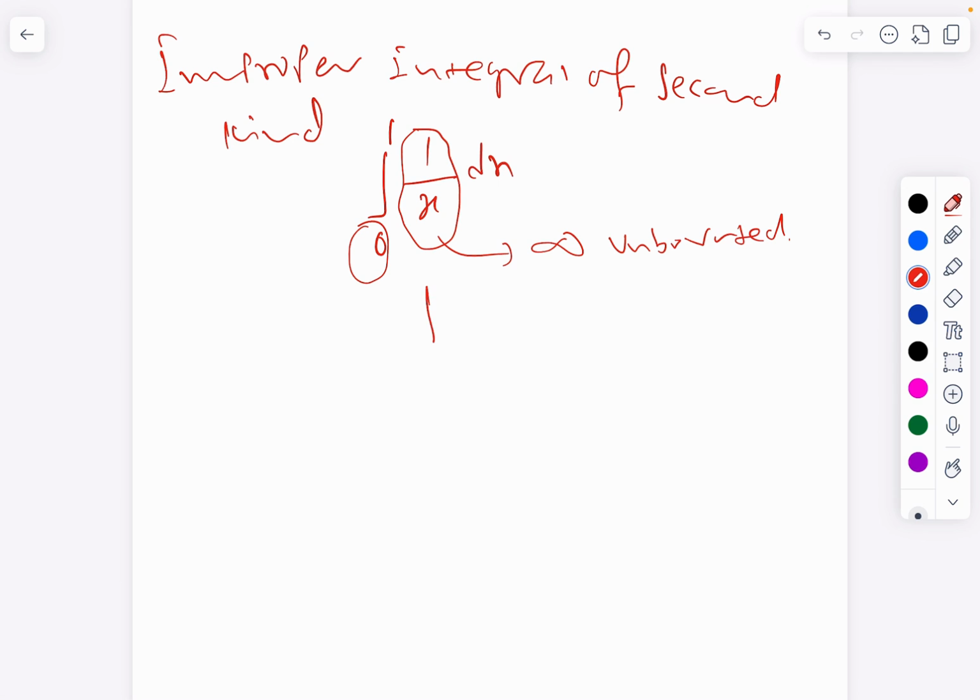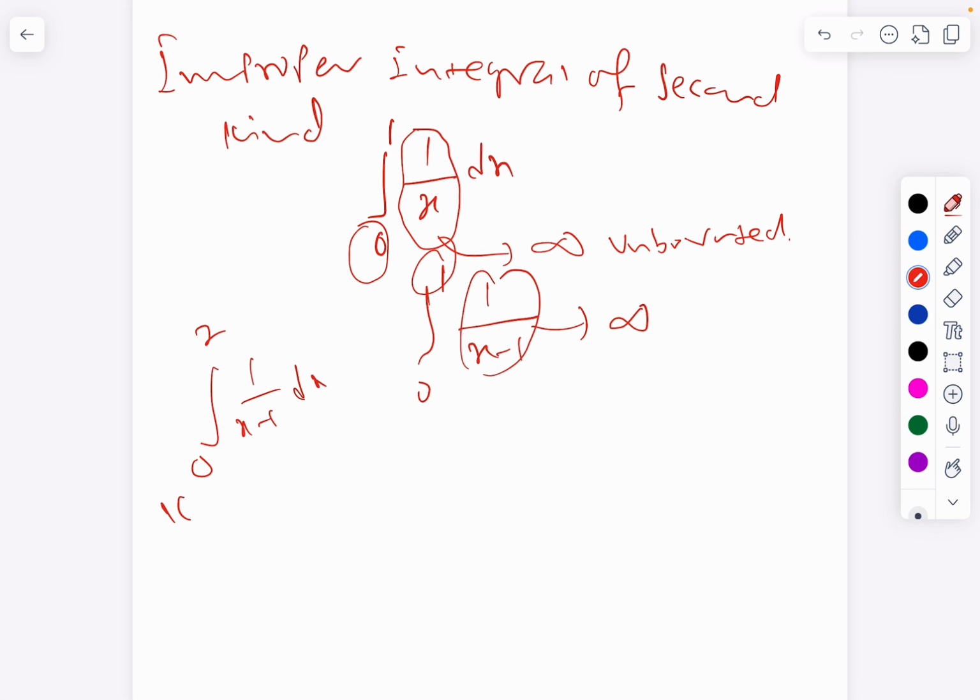It may happen that at 1, the function tends to infinity. It may happen that we have the interval 0 to 2, with 1 lying in that interval, and at that point the function tends to infinity.